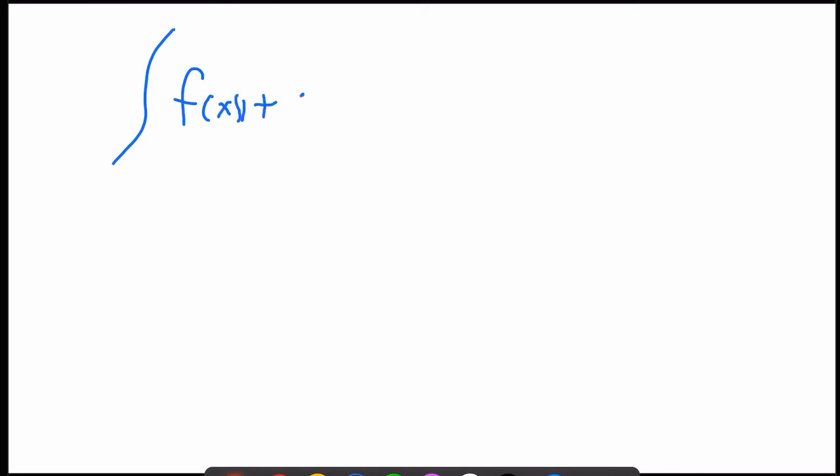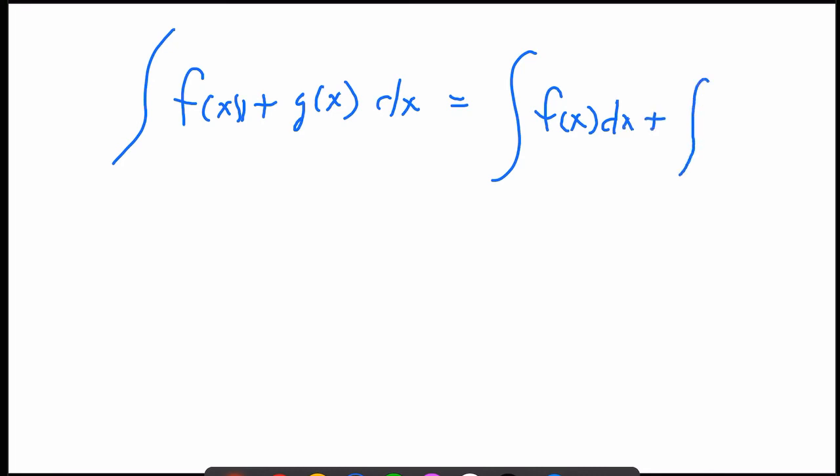A lot of the things we do in derivatives, we can still do. So that's going to be equal to, we can split that up. Right? We have an addition rule. If we add two things, we can split them apart and find the derivatives of them all cleverly split apart. That works just fine.